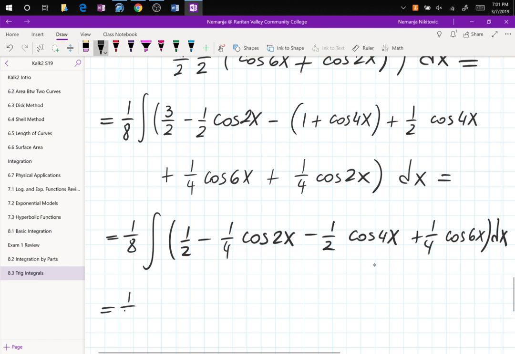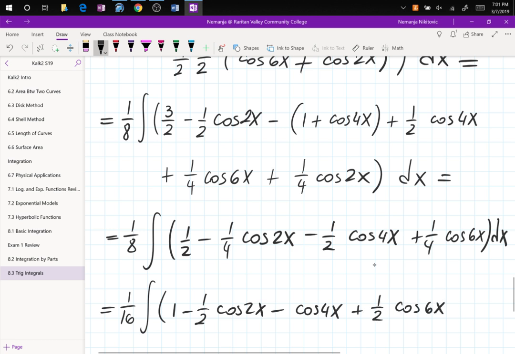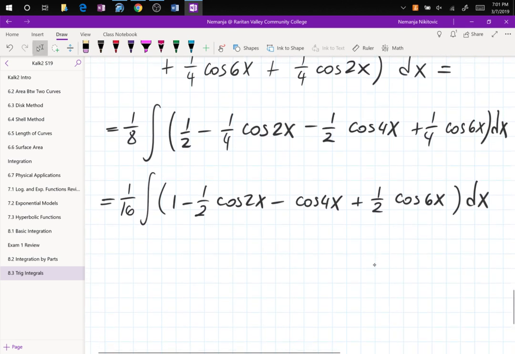So now that's 1/16 times the integral of 1 minus 1/2 cosine 2x minus cosine 4x plus 1/2 cosine 6x dx.